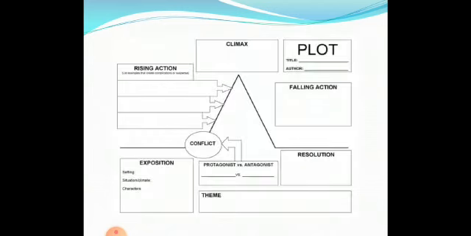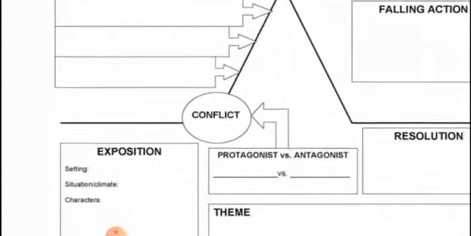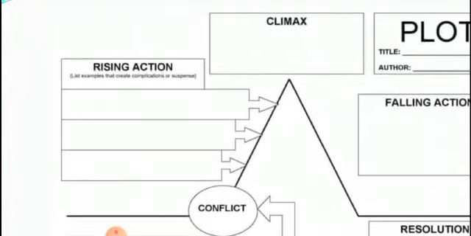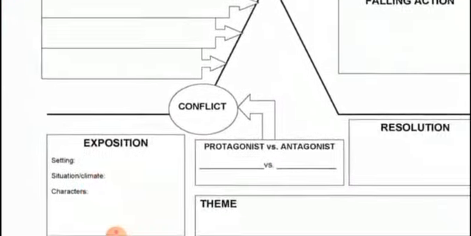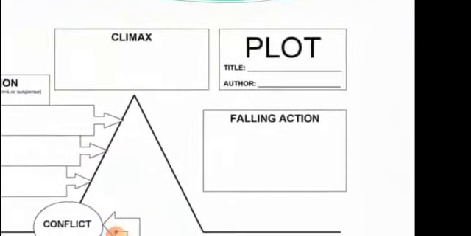Did you write down the setting, the exposition? Did you write down the rising action, the complications that you can find? One of them is the conflict, protagonist versus antagonist. Do I have a climax?